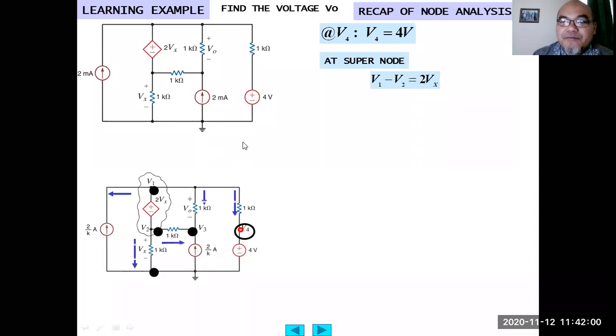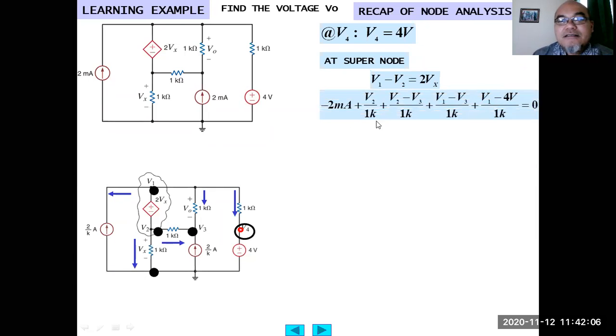At the supernode, V1 minus V2 equals 2 Vx. Then we write down, using node analysis: negative 2 milliampere, because this current is flowing into the supernode, plus V2 divided by 1K, plus (V2 minus V3) divided by 1K, plus (V1 minus V3) divided by 1K, plus (V1 minus V4, that is minus 4 volt) divided by 1K.